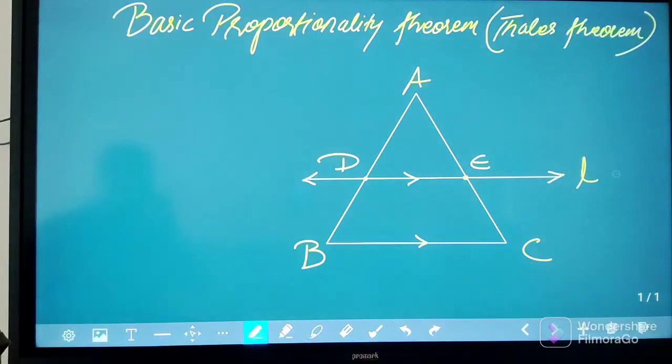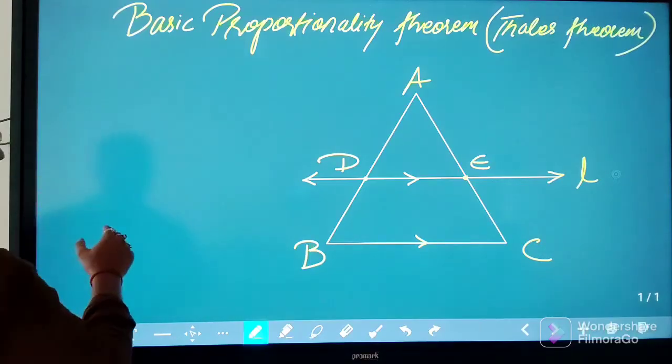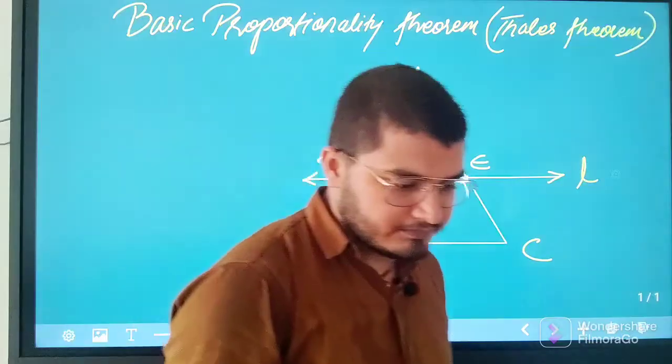So the basic proportionality theorem says that, first of all, write down the theorem.